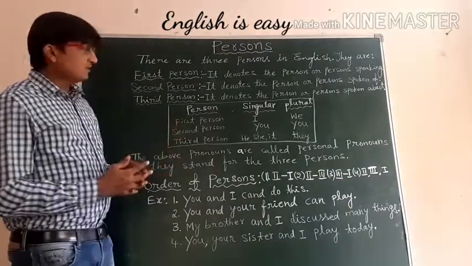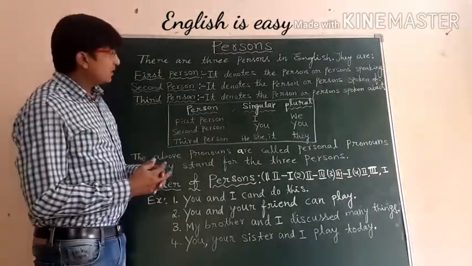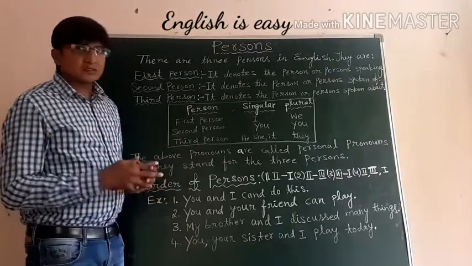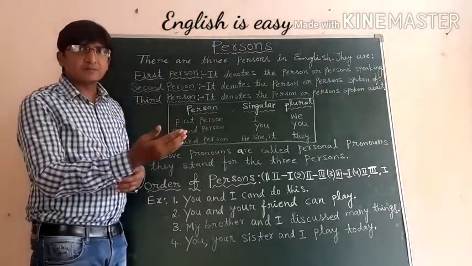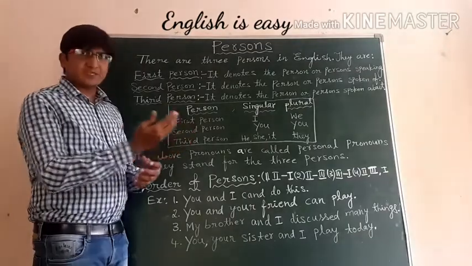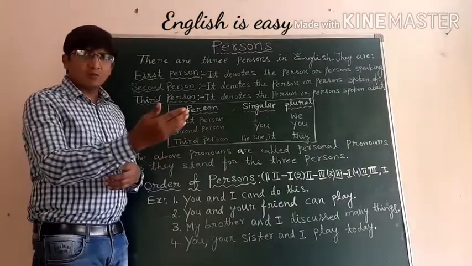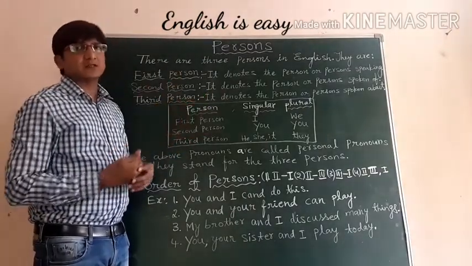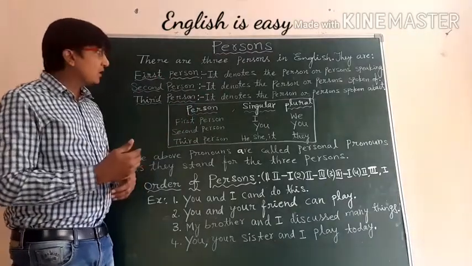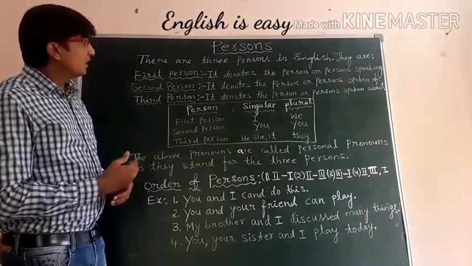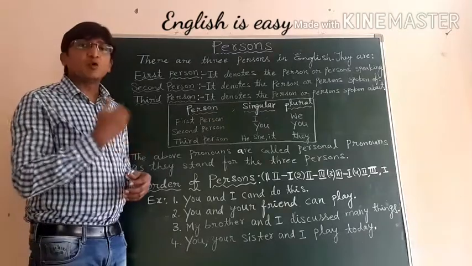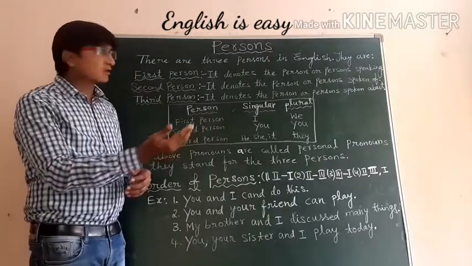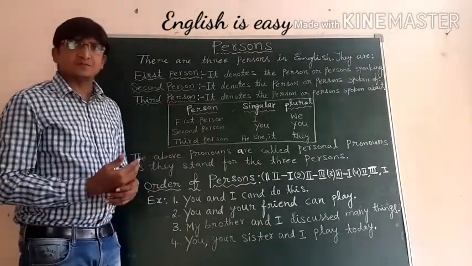And then the second one, second person. It denotes the person or persons spoken to. If I speak with you, you are the second person. Let me tell you again in other words. The one with whom we are speaking is called second person.